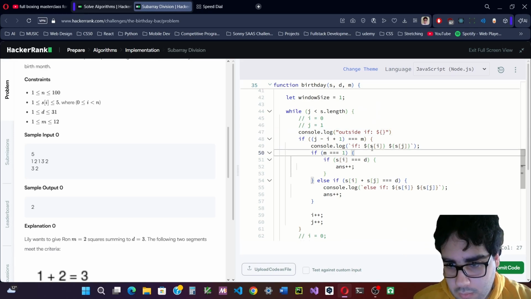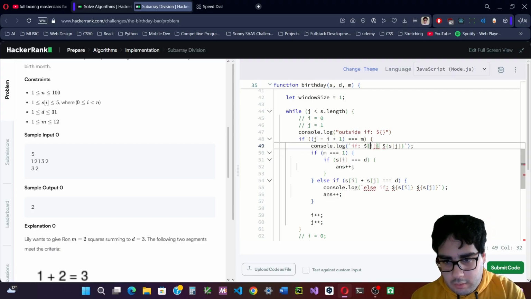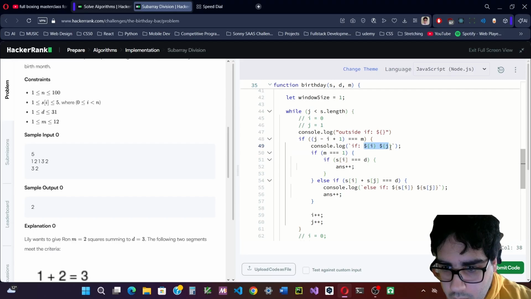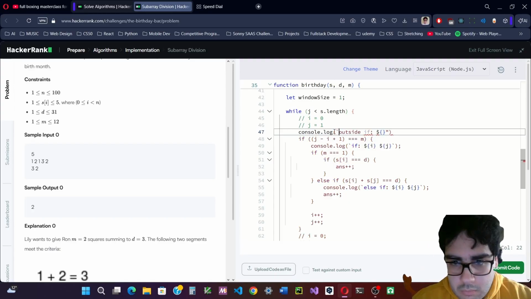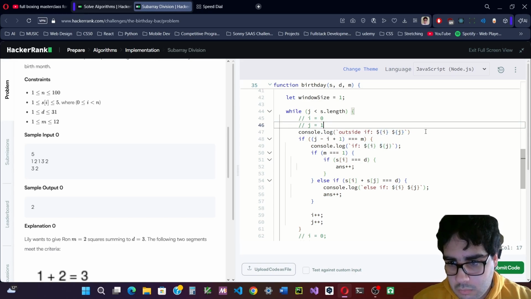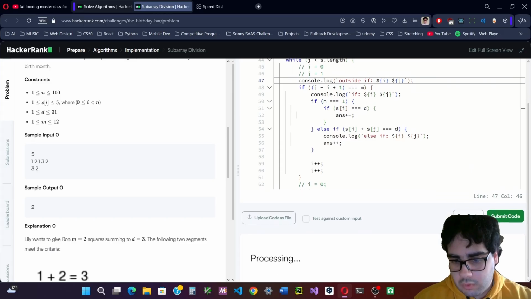Oh, and by the way, I should be printing the indices.